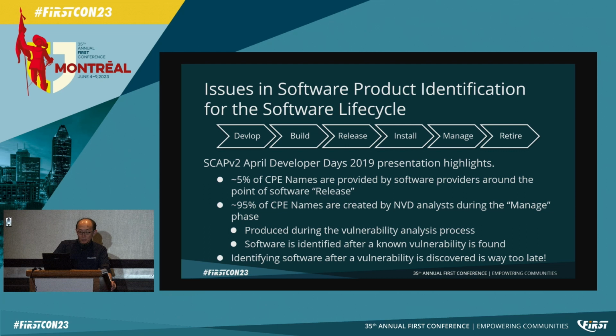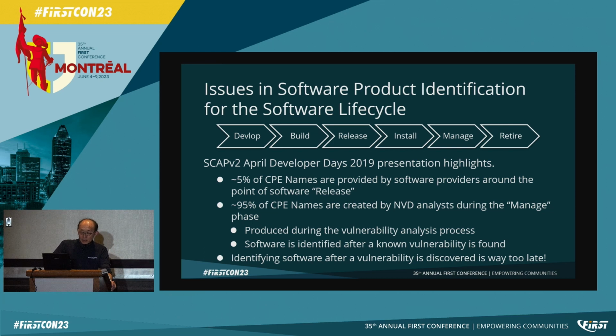Firstly, approximately 5% of CPE names are provided by software providers around the time of the software release. The name serves as a unique identifier for the software product and version.